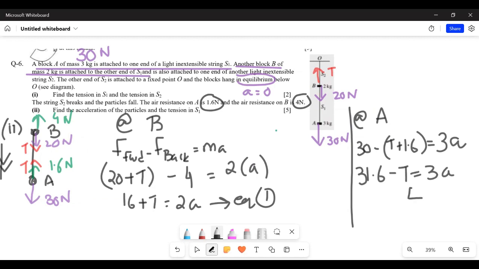Please solve these two equations simultaneously and tell me what we get for a and for T. Oops, I made a mistake. This is being subtracted, not added. So fix this. This should be 28.4.